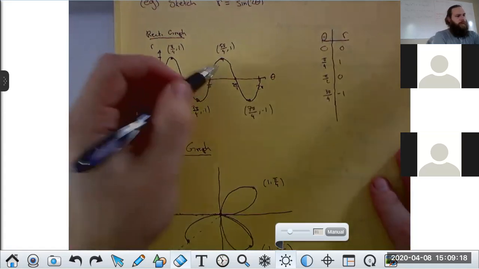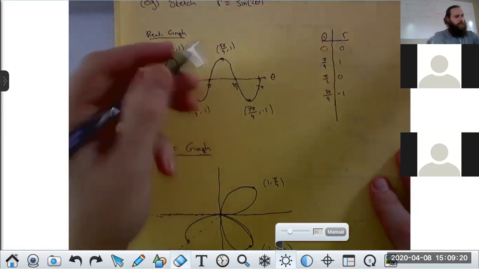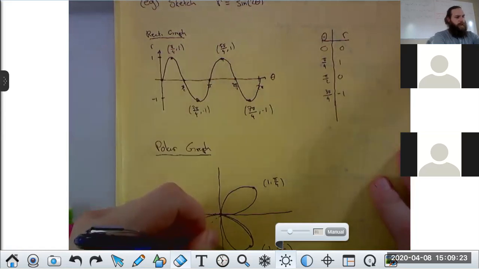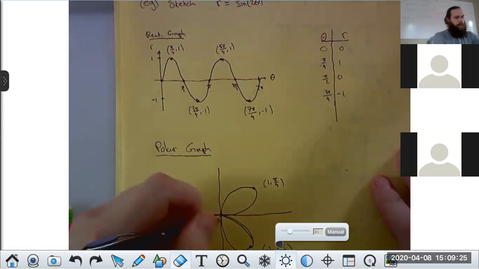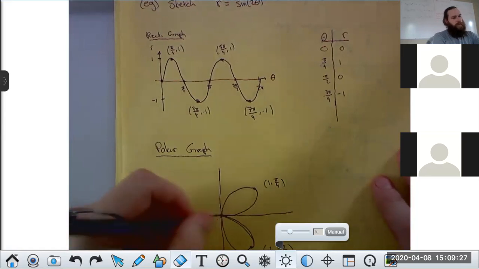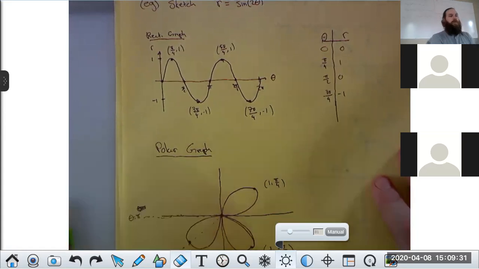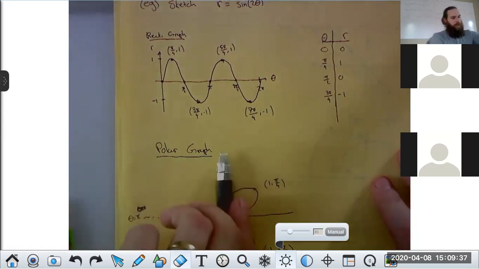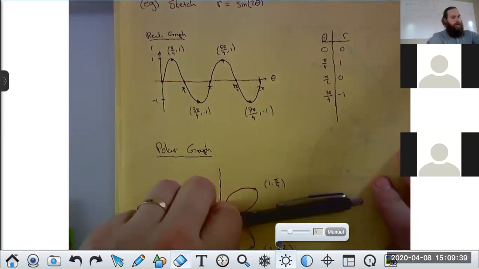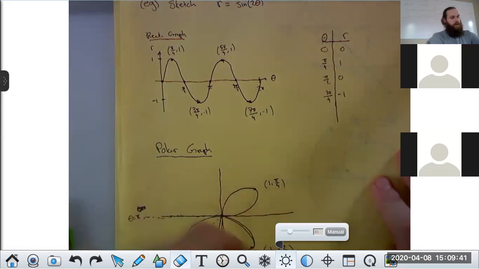So as we keep going past theta equals 5 pi over 4 towards 3 pi over 2, which would have me down here, because this is theta equals 3 pi over 2, r needs to contract back into 0. So we'll draw something that looks like that. And then as we rotate from 3 pi over 2 to 2 pi, normally I would be drawing down here in quadrant 4, because those are those theta values, right?